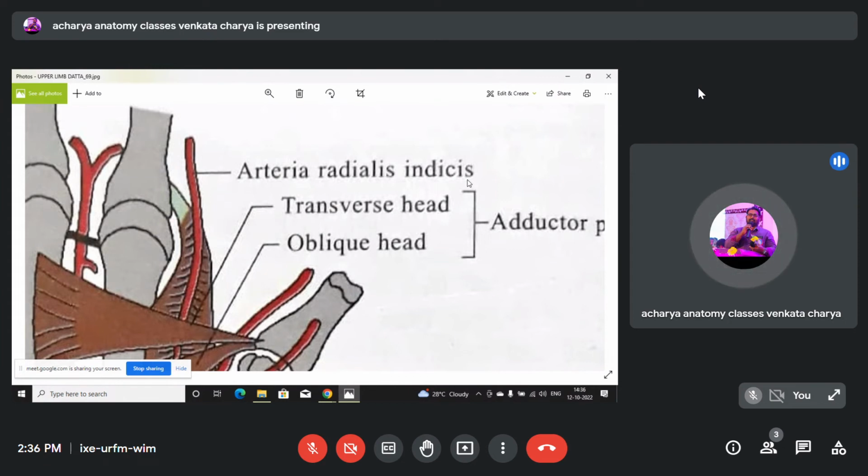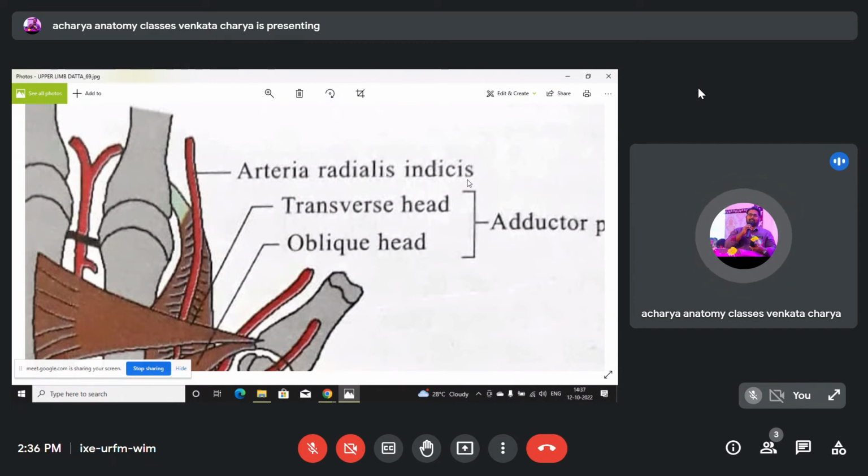It supplies the lateral side of the index finger. Are you getting?